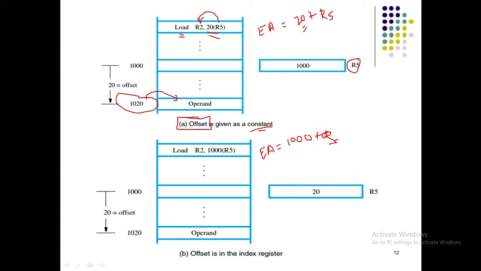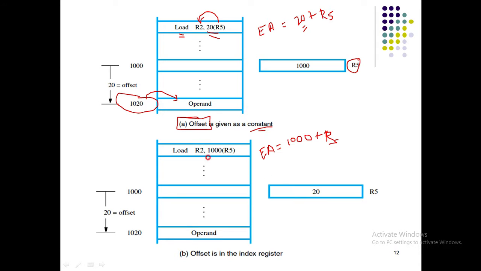Sorry for the not so clear handwriting. I hope you understand. I have told you in the previous lecture as well, please try to cooperate with me because I am writing this with the help of the mouse. Okay, so we'll get back to the subject. It is 1000(R5). It means that the effective address is 1000 plus R5. So we are loading R2 with 1000(R5).